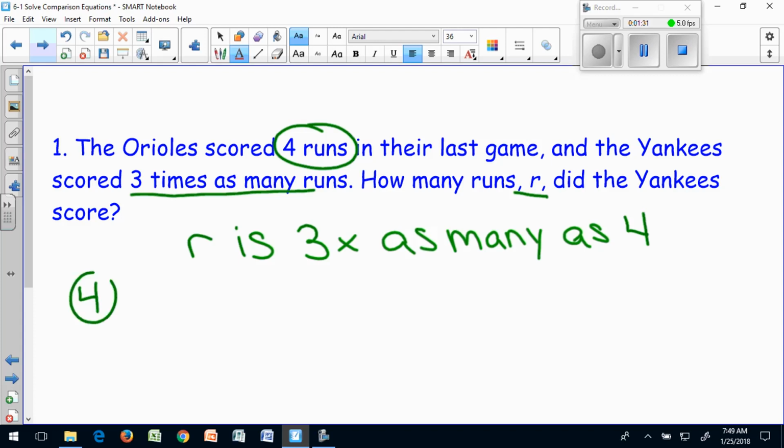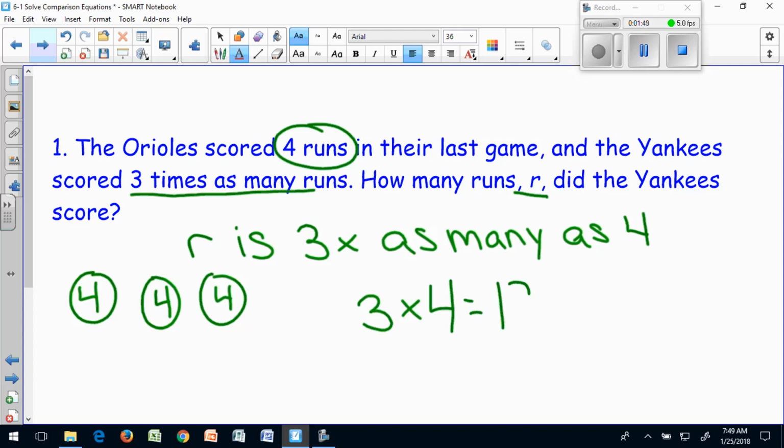Well, I'm picturing if I have 3 number 4s, my multiplication equation to solve that would be 3 times, because it's saying 3 times as many as 4, which gives me 12. That means R equals 12 runs. So the key words, times as many, help me realize that I need to multiply to find my answer.